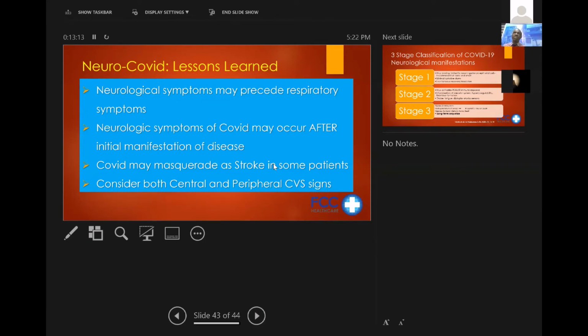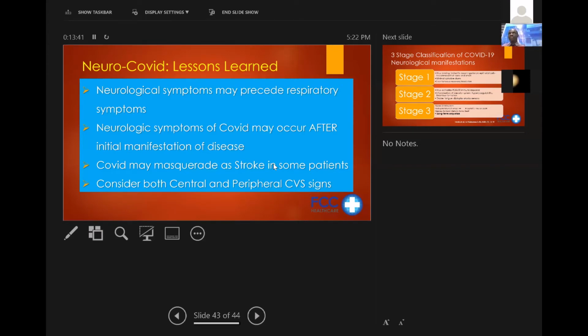We saw a case where neurologic symptoms of COVID occurred after initial manifestation of the disease. Our patient came down with a demyelinating polyneuropathy after apparent recovery from the febrile phase, so to say, of the infection. But we also have papers that mention patients having apparently recovered from respiratory symptoms or the fever of this infection.